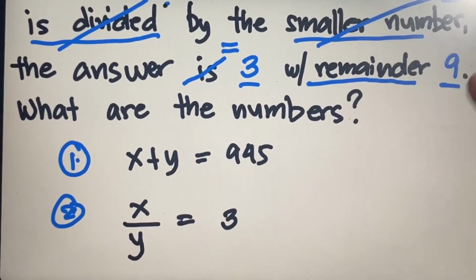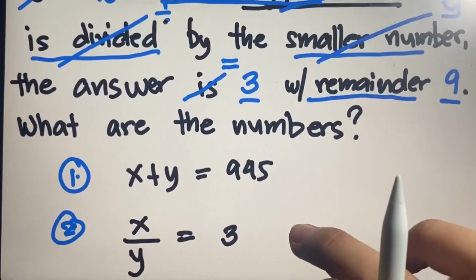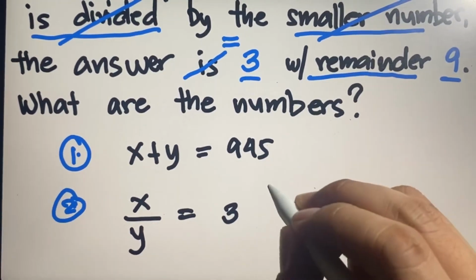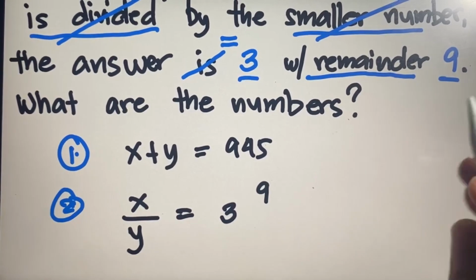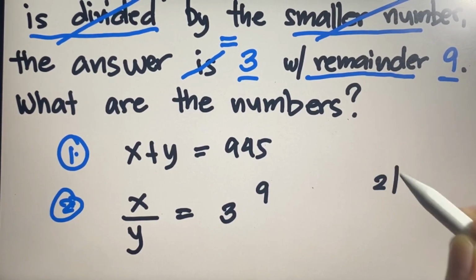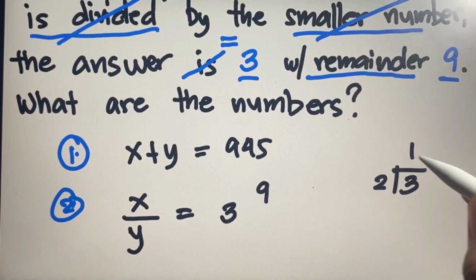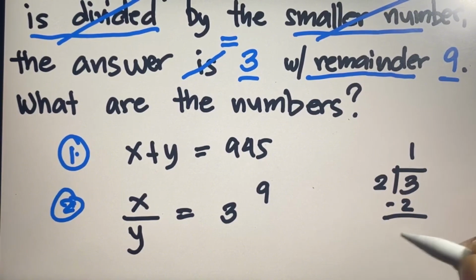So how do we present a remainder? If we are going to divide a number that has a remainder, that remainder becomes a numerator. If you say 3 divided by 2, we'll have an answer of 1, but we will have a remainder of 1 because of their difference.